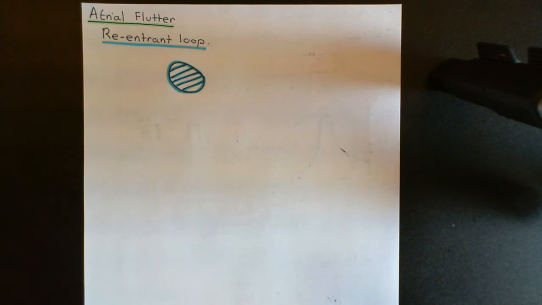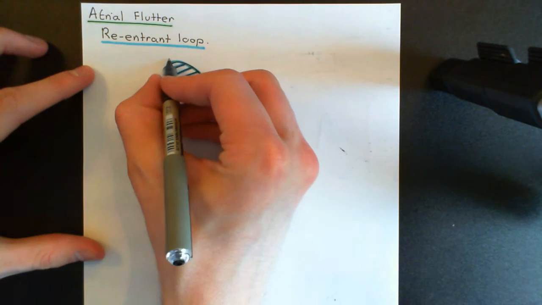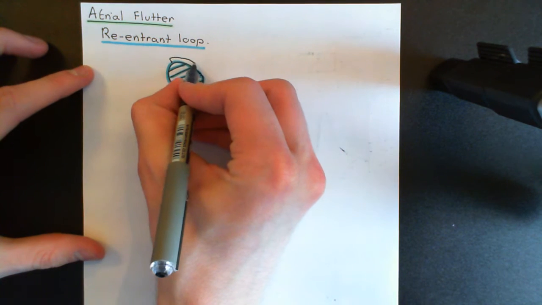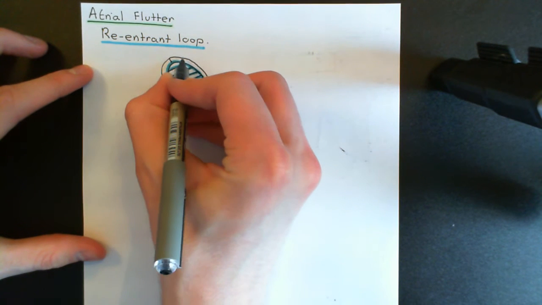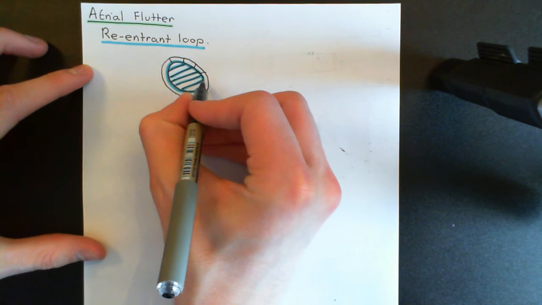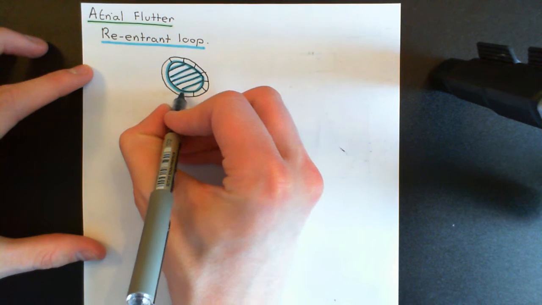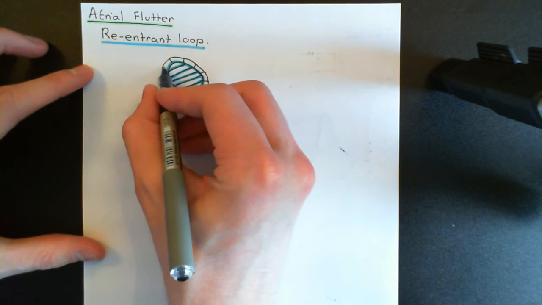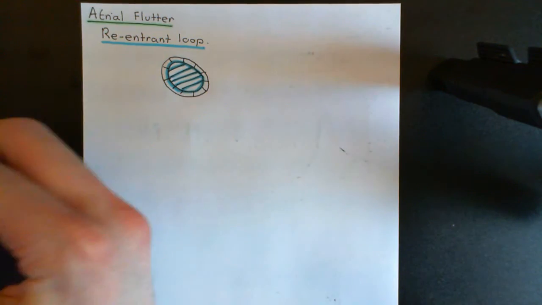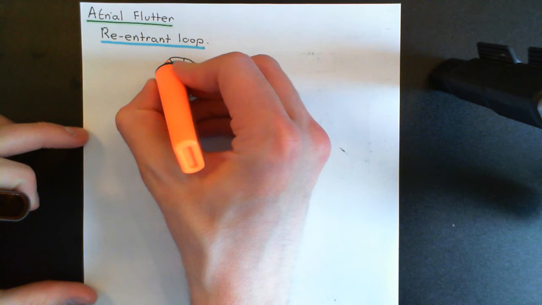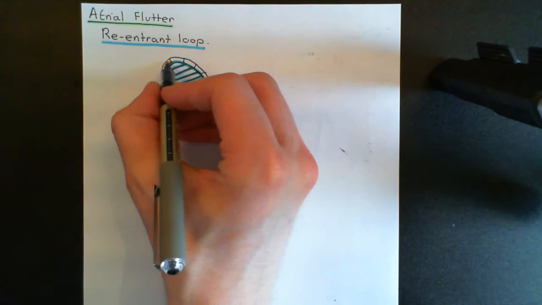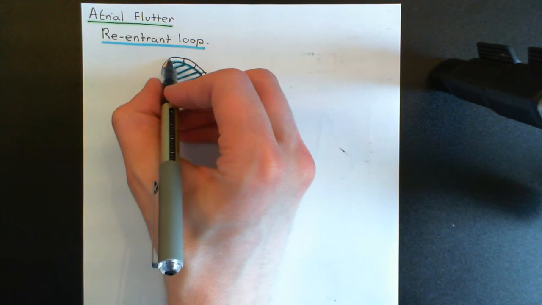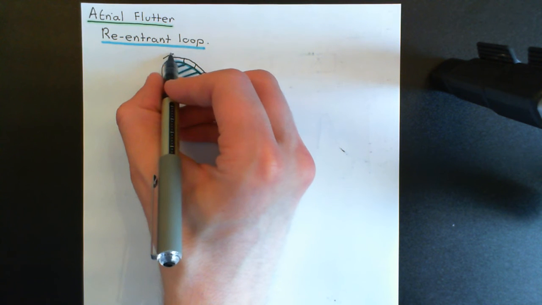What can potentially happen around this is you can get a reentrant loop, and let me explain this by drawing a few cardiomyocytes around the edge. Let's say these are the cardiomyocytes surrounding this scar tissue. We have one cardiomyocyte here with an electrical signal, and it's going to pass it in this direction.